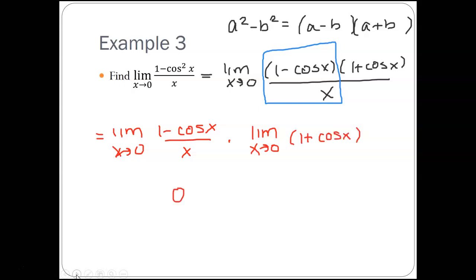So really, the minute you get 0 times something, does it matter what the other limit's equal to? No. So even though it's equal to 2, 0 times 2 is 0.